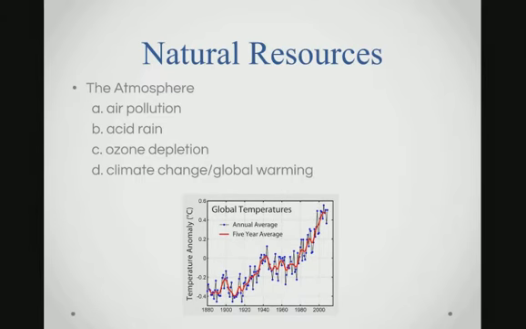That's going to cause different climatic changes and extreme weather across the planet, which can be pointed to by the things that we are putting into our atmosphere. So the atmosphere is our natural resource, and we are affecting it by our daily choices that we make all the time in our daily lives.